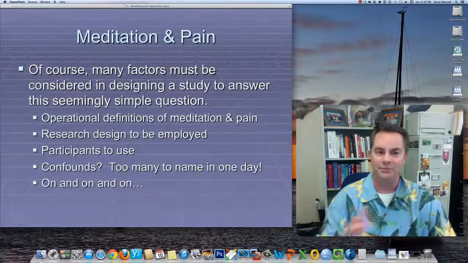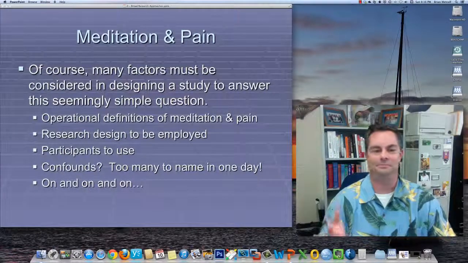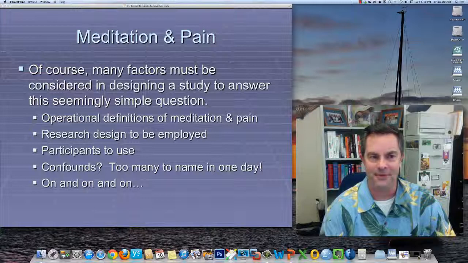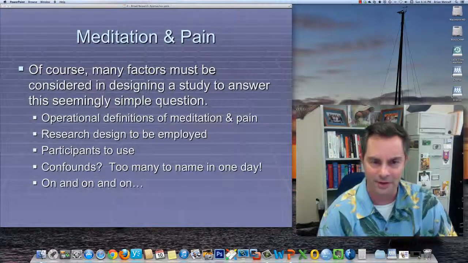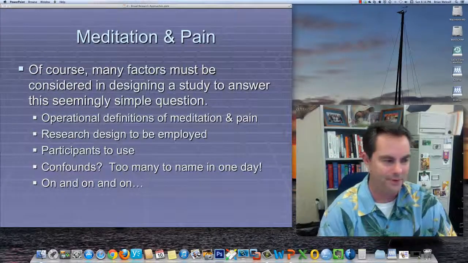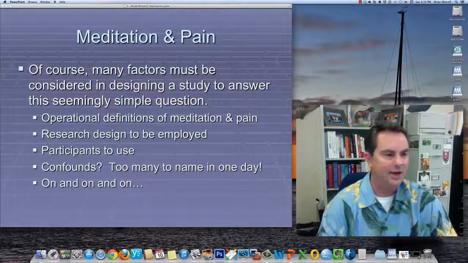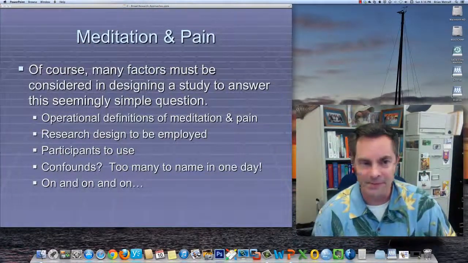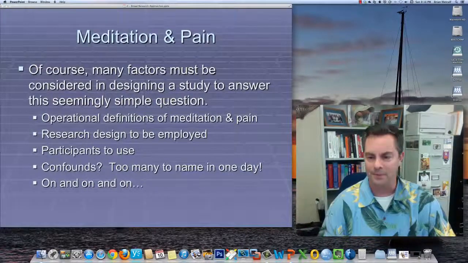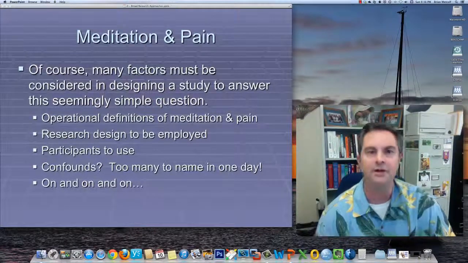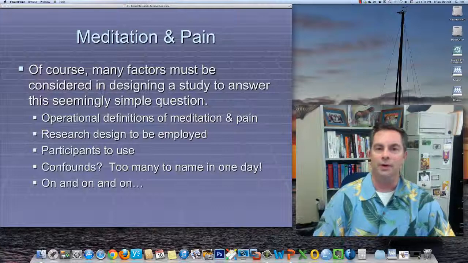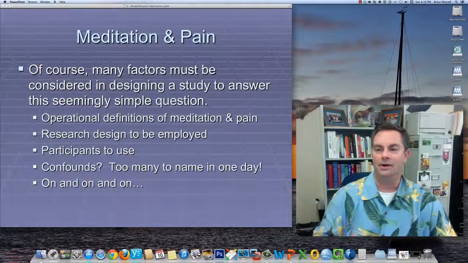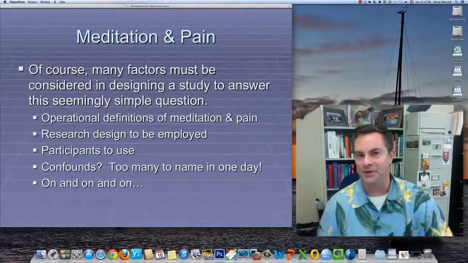So let's flash forward and assume that we have a clear enough definition of meditation. We know how the individuals are going to use it. We've operationally defined who our pain sufferers are going to be. That's another thing, the population needs to be clearly articulated. So what do we mean by chronic? Well, chronic versus acute pain.